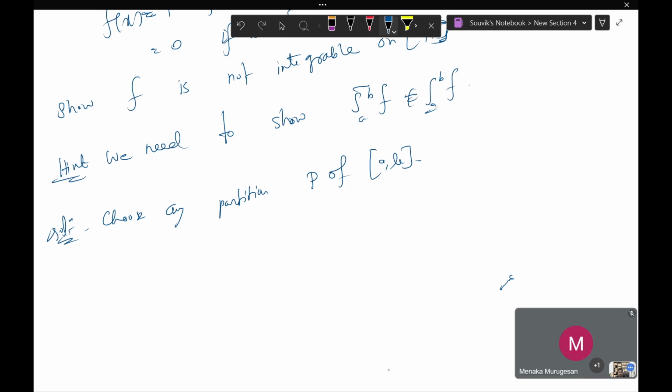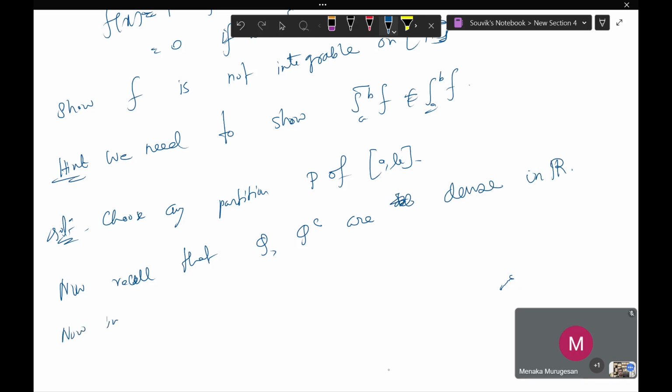Partition P. Recall that the set of rationals and the set of irrationals are dense.